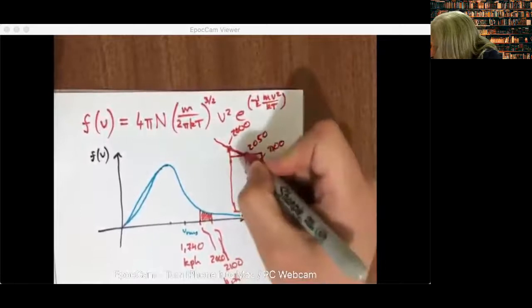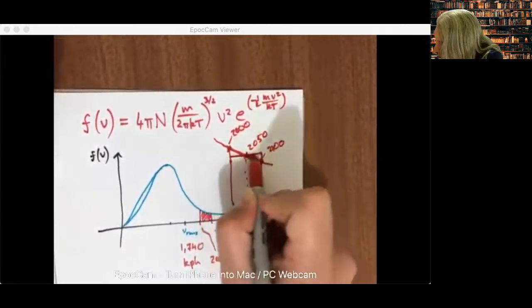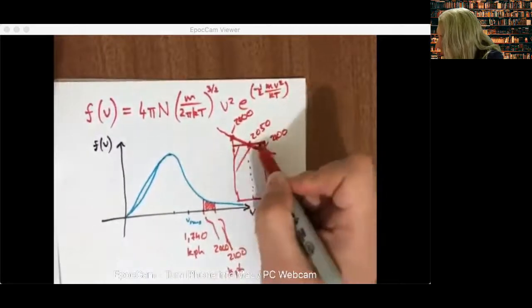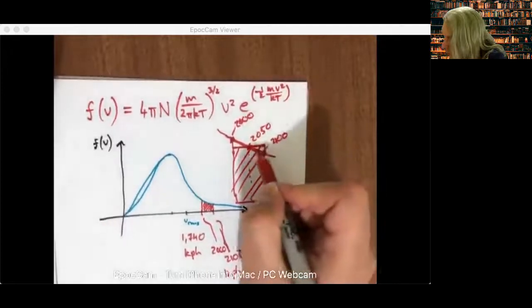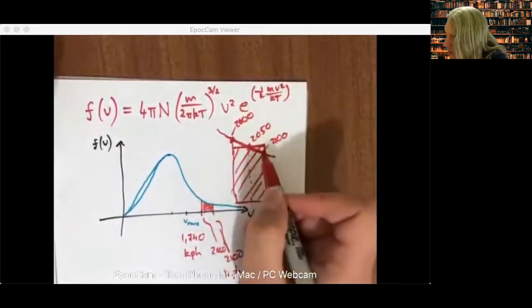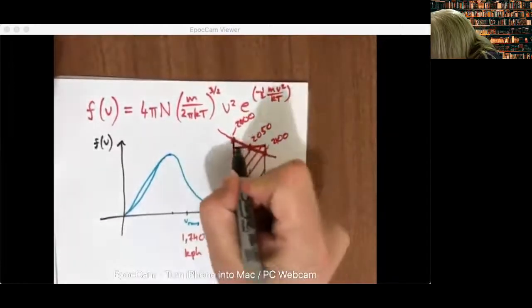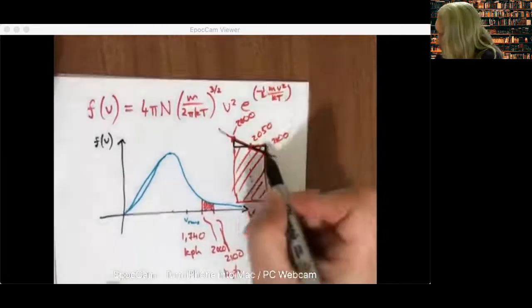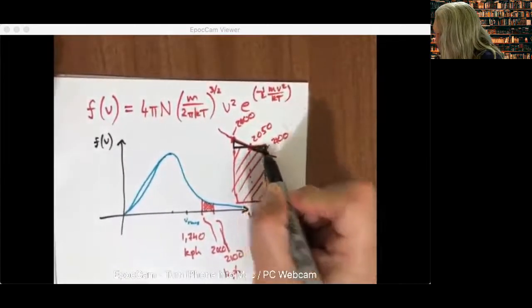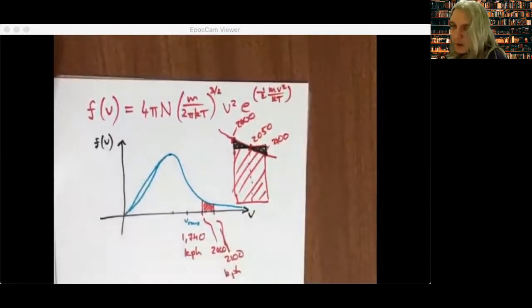So we use that as our height, and we use the difference from 2,000 to 2,100 as our width, and then we find this whole area here. That'll be the same as the area for the actual area under the graph, because this little bit here is about equal to this little bit here. We're calculating this bit extra, but we're calculating this much less, so we should get a pretty close estimate for our value.